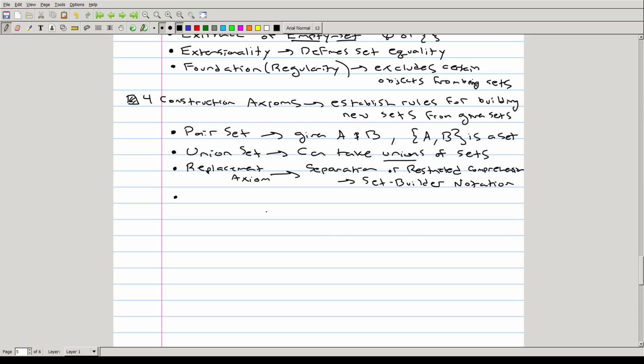And then lastly we have what's called the power set axiom, which allows us, for any set A, to form what's called the power set, or the set of all subsets of the set A.